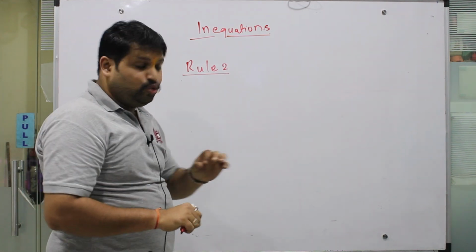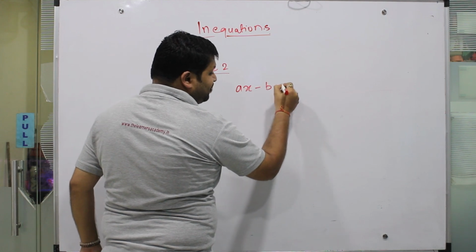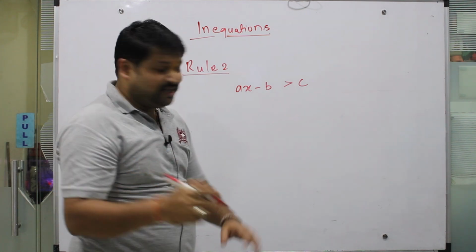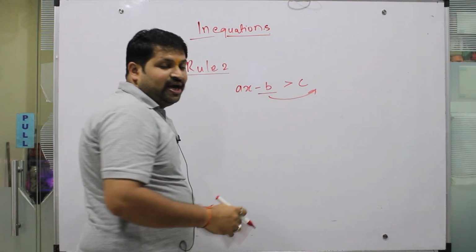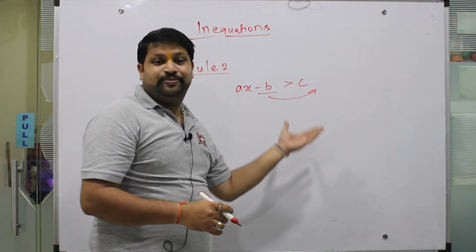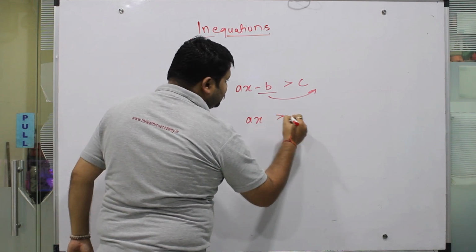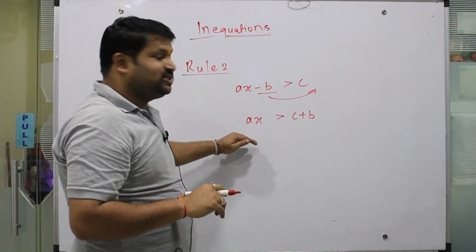In rule number 2 we have, say suppose ax minus b है अपने पास and it is greater than c. Then we'll do exactly the same thing. There is a minus b here. It goes to the other side. Then by transposing laws, it should become plus. So we get ax is greater than c plus b. Okay. So this is the second rule.